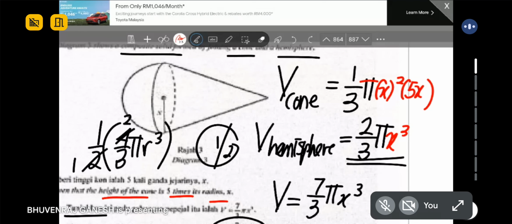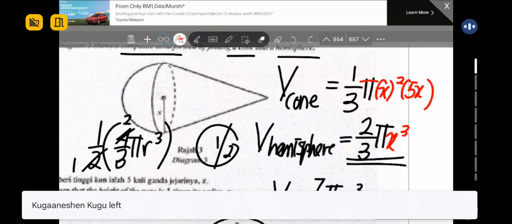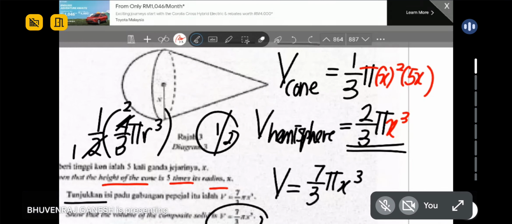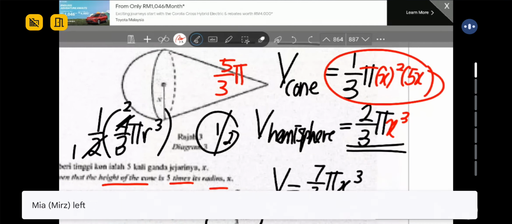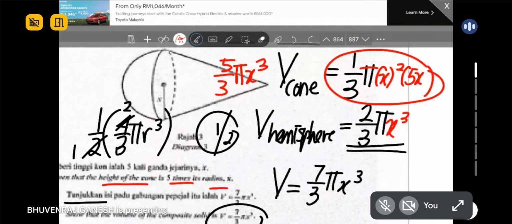Okay, can you guys see the concept? How it looks like? Okay, so now you guys just need to plus these two answers. Tambah dua-dua jawapan ni. Okay, so this one, you will actually get 5 over 3 pi x cube. Setuju guys? 5 over 3 pi x cube plus 2 over 3 pi x cube.